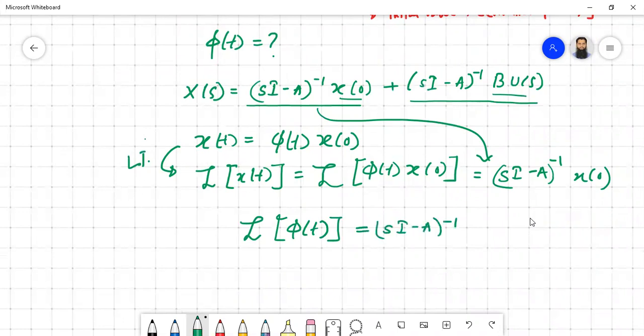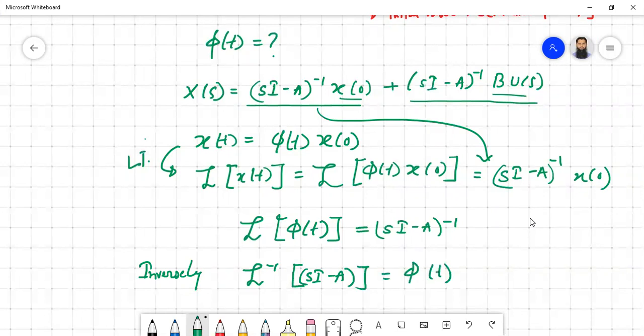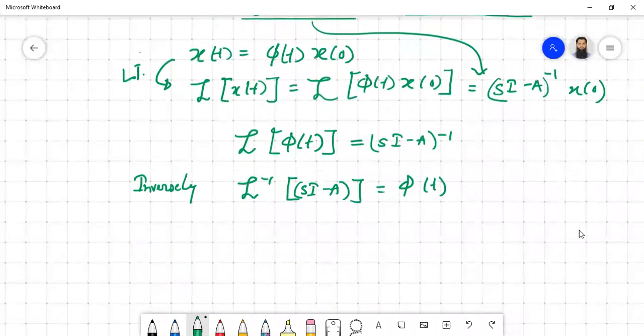Or inversely, if you take the inverse Laplace transformation of the matrix (sI minus A) inverse, we can also find out phi(t).